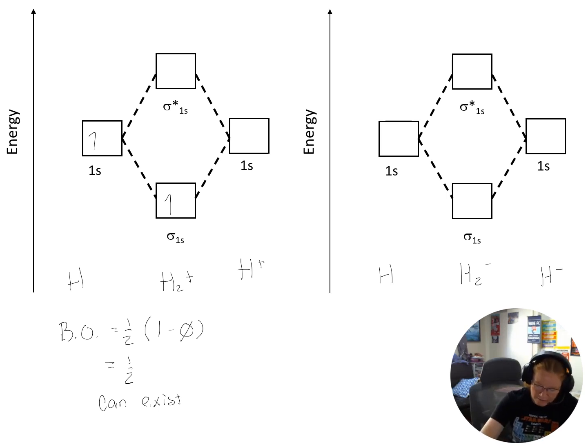Now our regular hydrogen gets that. Now the hydrogen anion. An anion means we have added electrons, so we'll get 1 extra electron there. Now I have 3 electrons to consider: 1, 2, and 3. My bond order, 1/2 of 2 minus 1, also gives me 1/2. So this also can exist.